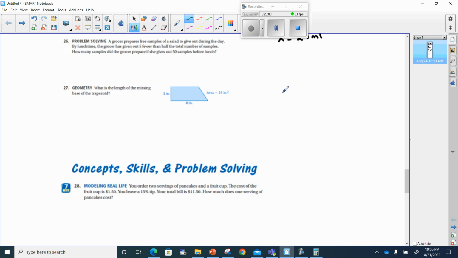So I believe the area of a trapezoid is 1/2 times B1 plus B2.